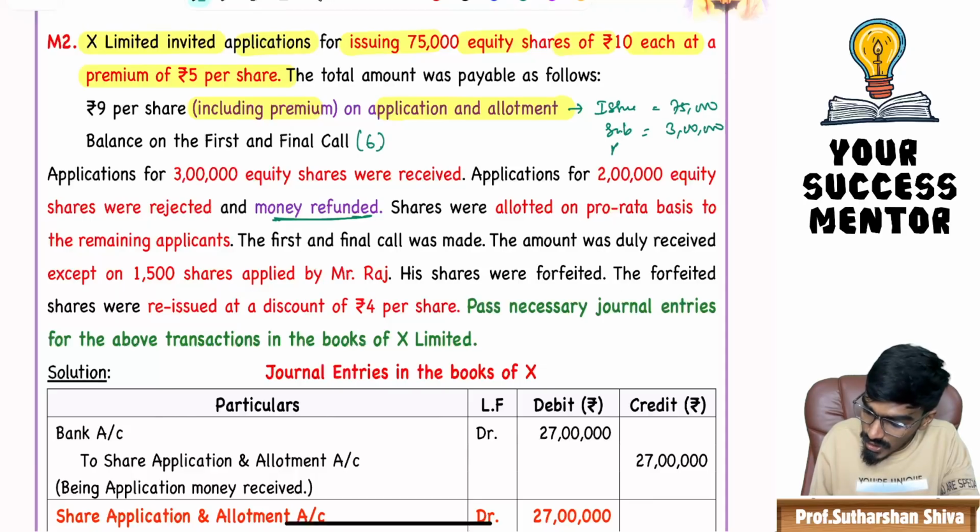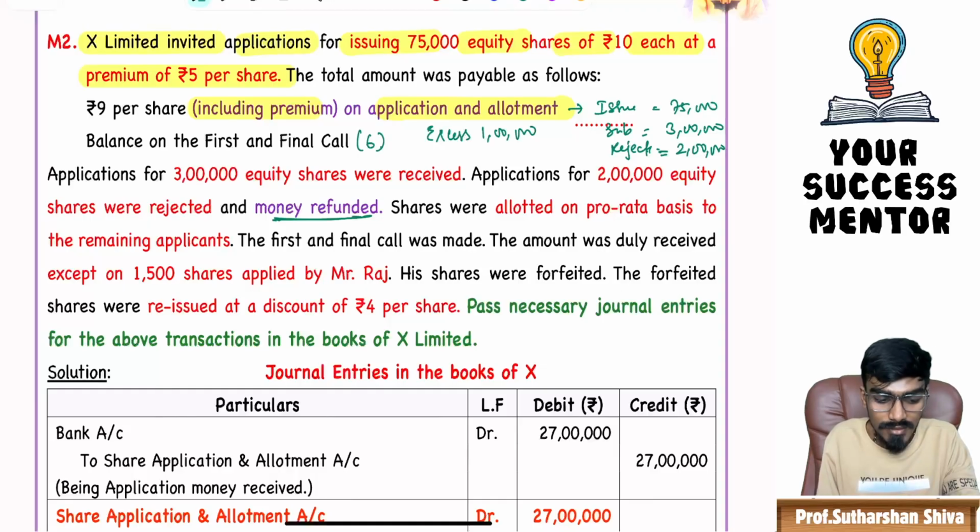How many shares did you reject? 2 lakhs, sir. How much is in excess? 1 lakh, sir. We are issuing 75,000, sir. Only 1 lakh we have accepted. Correct? Yes, sir. The accepted application is 1 lakh.